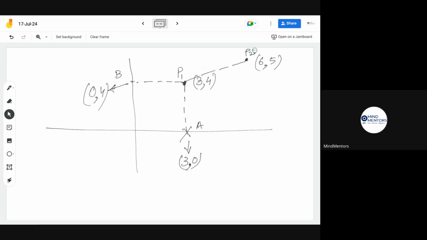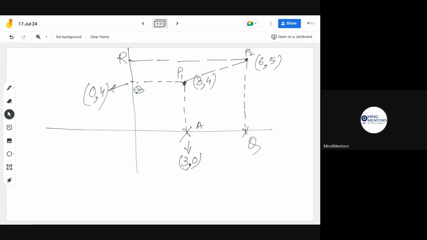And if I draw this line, B is already there, so I'll name something, let's say Q, and I name this R, because this point B is already named.